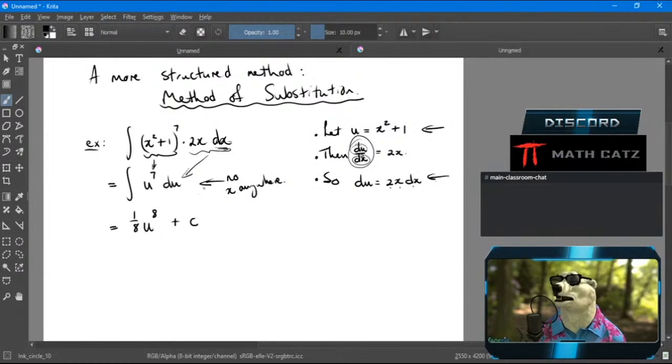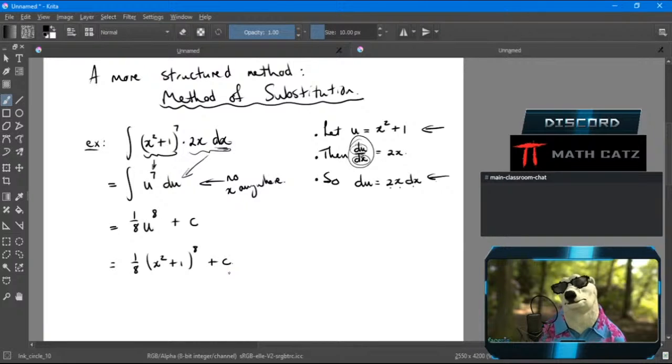My original question used the variable x, and it asked for this first line antiderivative. So I should go back and answer in that same variable. But that's not very complicated. I just swap back what u is in terms of x. 1 over 8, u to the power of 8 becomes x squared plus 1 to the power of 8 plus c.